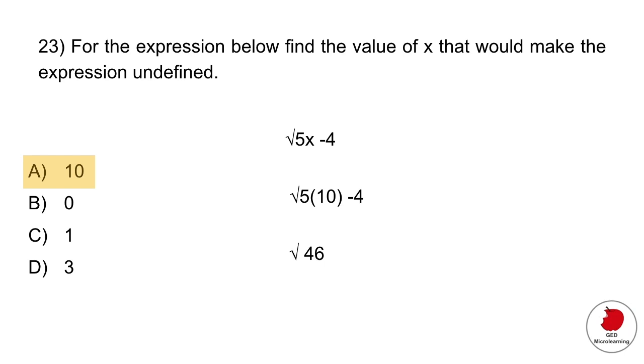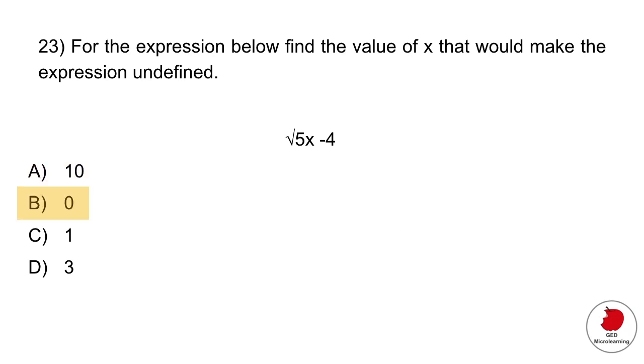That would give us 46, square root of 46. So this would be wrong, because we said that to have an undefined expression, we would either have to have a fraction divided by 0 or a negative square root, and here you have a positive square root, so this is incorrect.